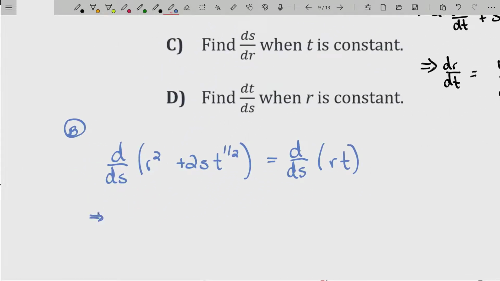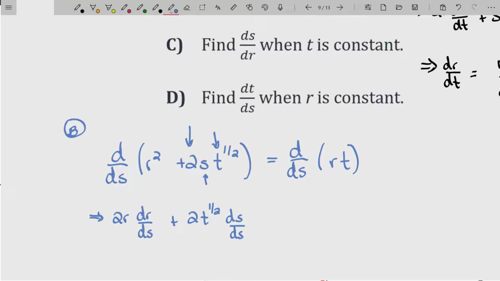Well, this would be, let's see, the derivative of r squared, a variable squared, is twice that variable, then the derivative of that variable with respect to s, plus t is a constant and 2 is a constant in this problem. So this is 2t to the 1/2 times the derivative of this s with respect to s.